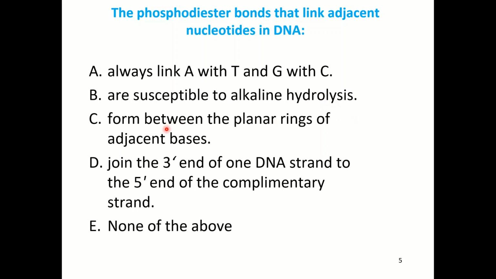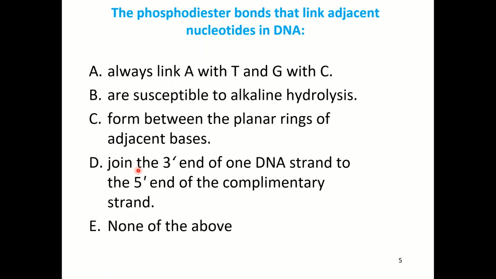Form between the planar rings of adjacent bases. That is also incorrect. Phosphodiester bonds do not form between the bases at all. They form between the phosphate group on the 5' position of a ribose sugar and the 3' OH group.